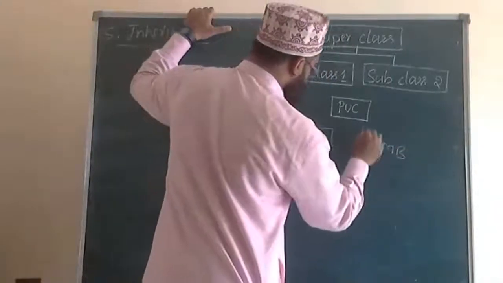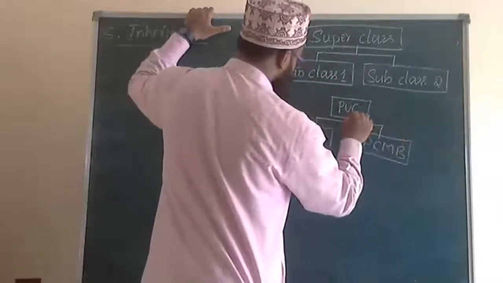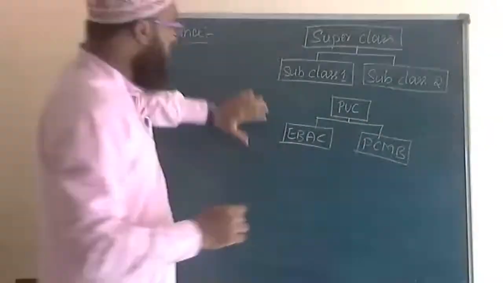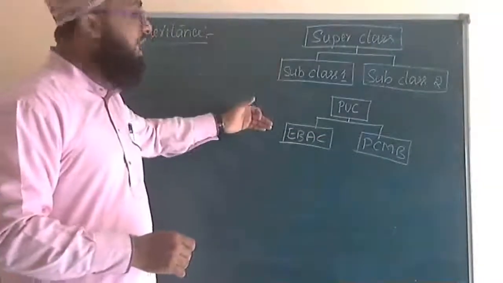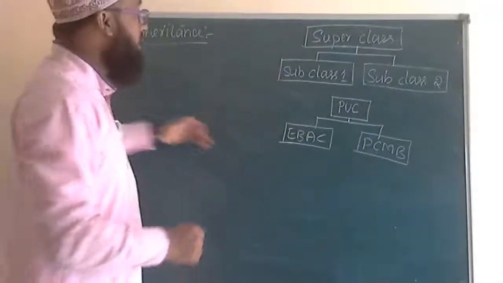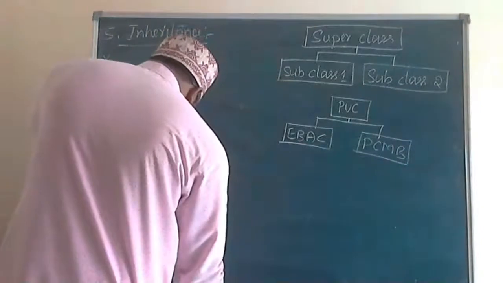See, this is the main class or the superclass PUC. From this class, we are creating two more classes by name EBAC and PCMB. So this is actually called inheritance. Come, we shall see point by point, one by one. What is inheritance?